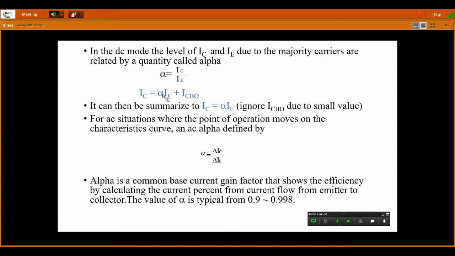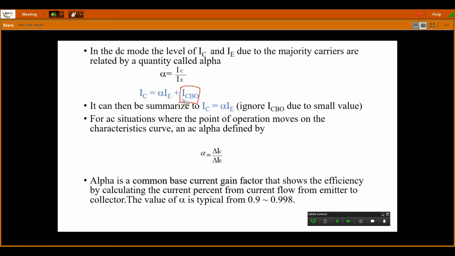As we already know, from this relation we could tell that IC, the total amount of collector current, is equal to alpha times IE plus ICBO. What is this ICBO? It is a reverse saturation current, or we could say it is a leakage current.